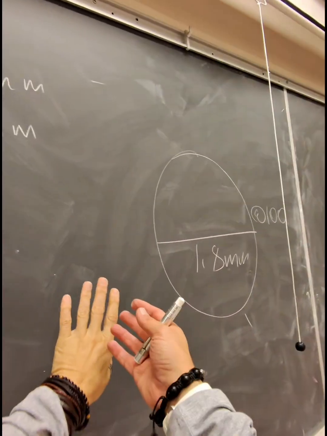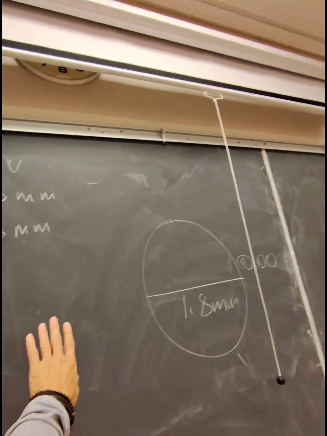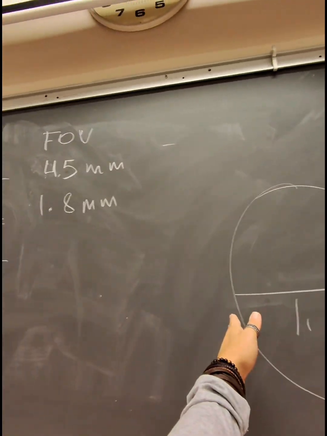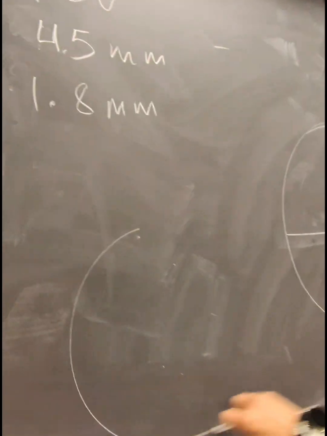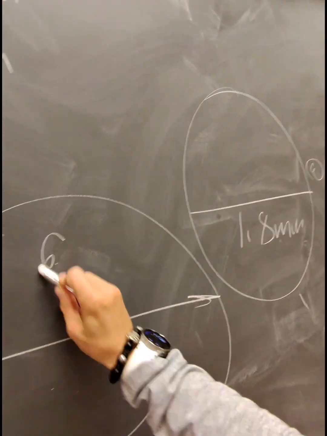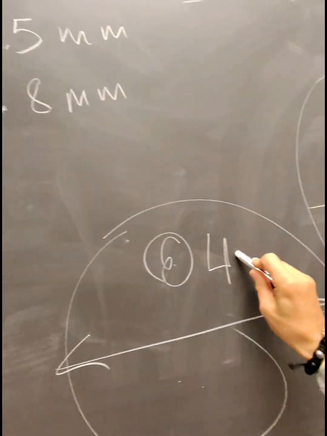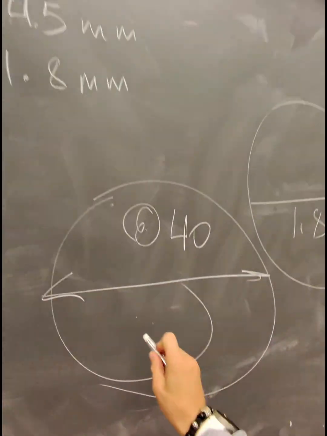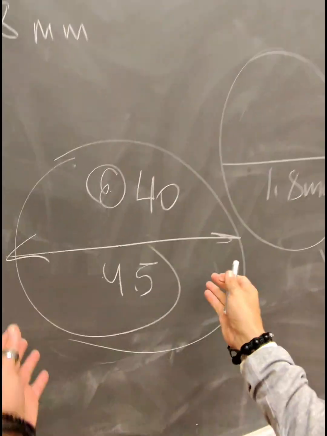Because the further away you go from your specimen, the more you can observe. So now at total magnification 40, because you're far away now, you can see 4.5 millimeters. Now you can see more.